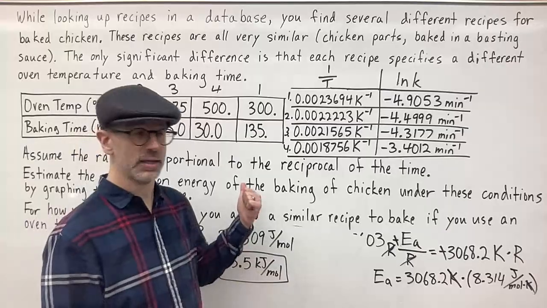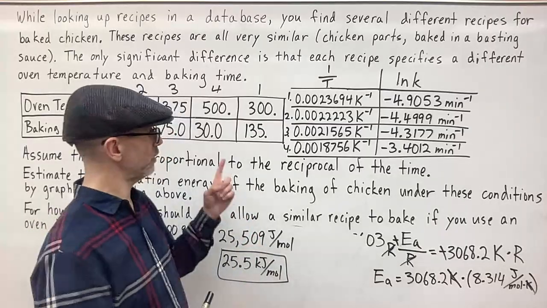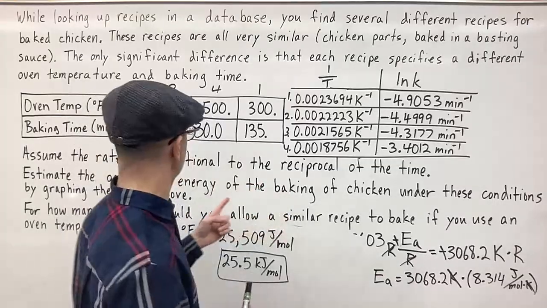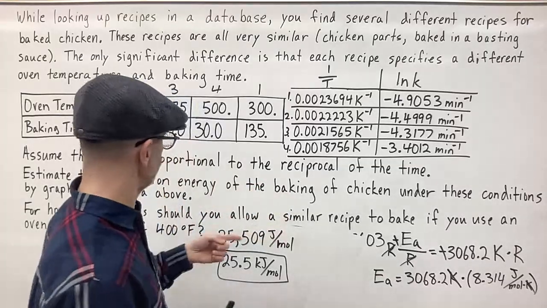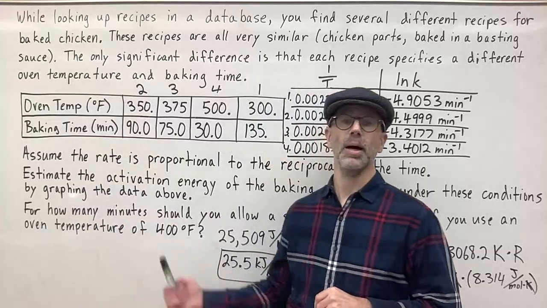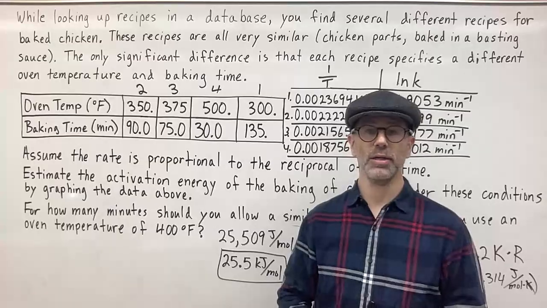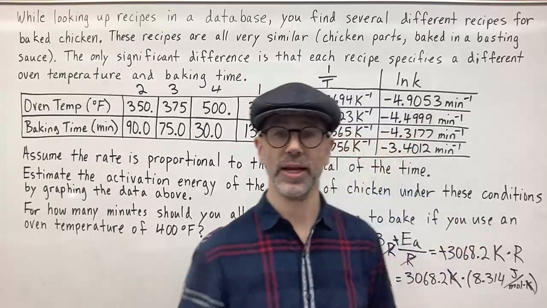We've got the equation, and they're giving us the temperature. All we need to do is convert the temperature right here to Kelvin, plug that into our equation, and then we got our answer. So let's go ahead and do that.